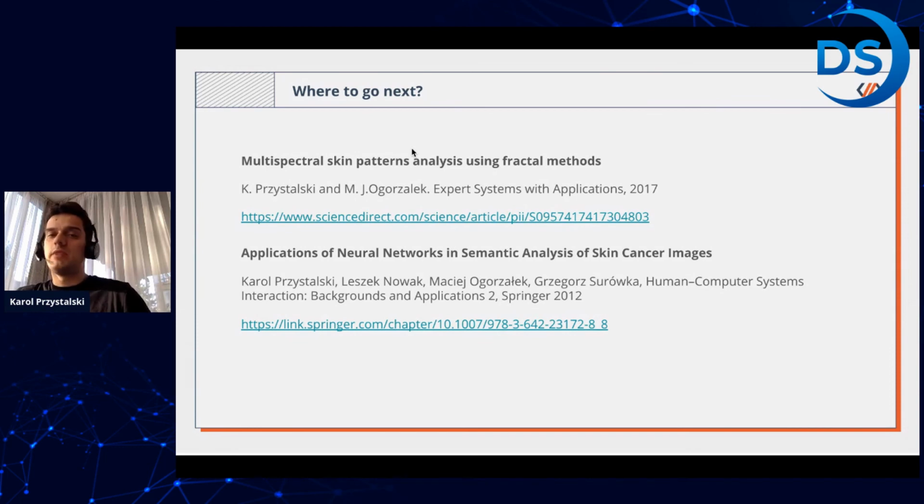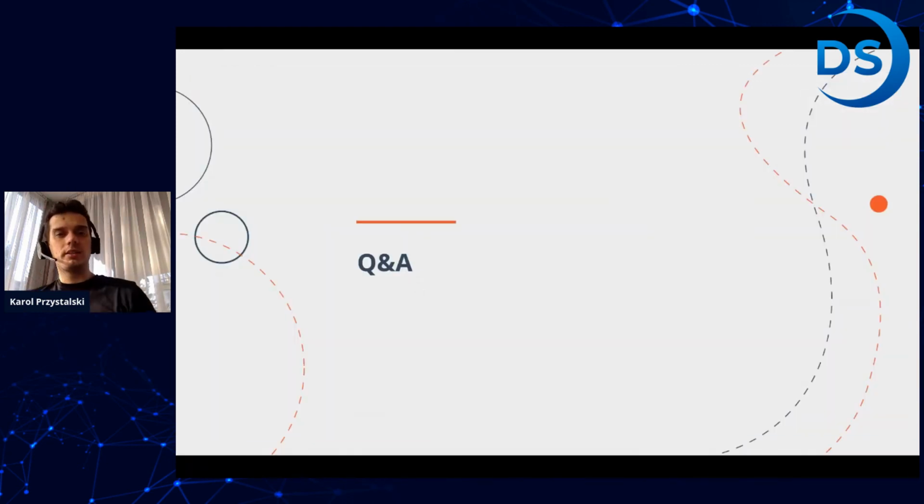That's a really nice one when it comes to covering the Hunter score method. Another is on neural networks in the semantic analysis of skin cancer images based on typical dermatoscopic images. There are more papers I can recommend. Just Google me on Google Scholar, scholar.google.com, my name, and there will be a few papers about skin cancer. All right, that's it from my side.